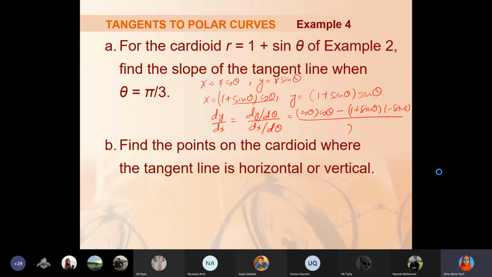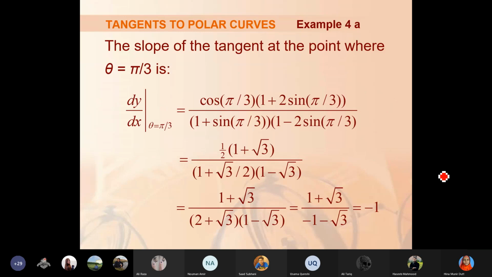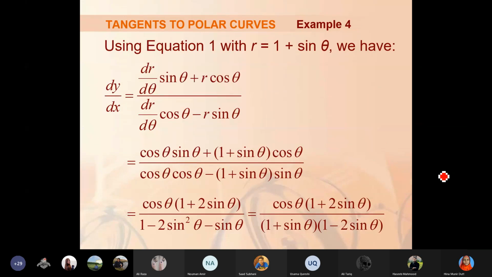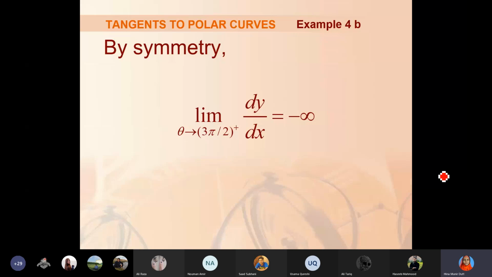So for the horizontal line, you will put dy by d theta, which is equal to this. You need to simplify it a bit. This is 1 plus 2 sine theta cos theta, or you can take it common.